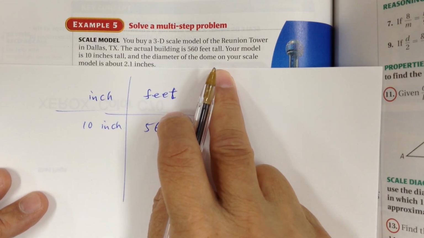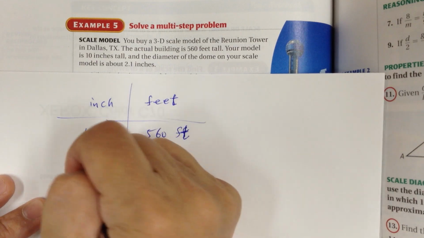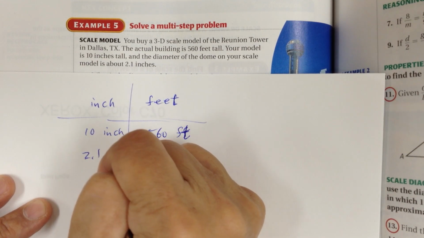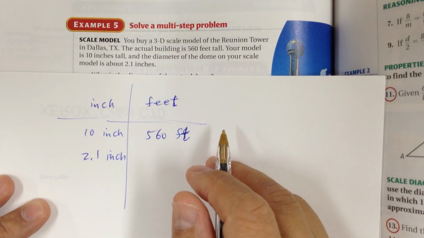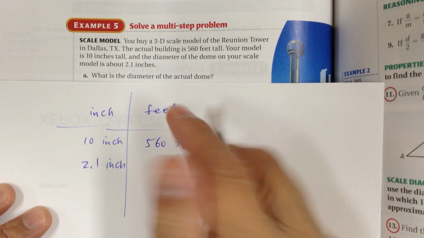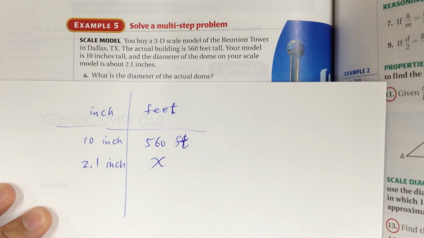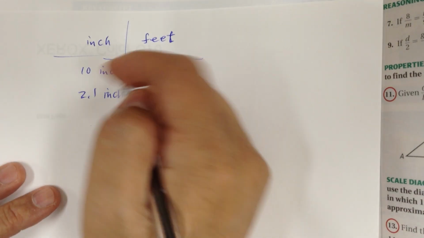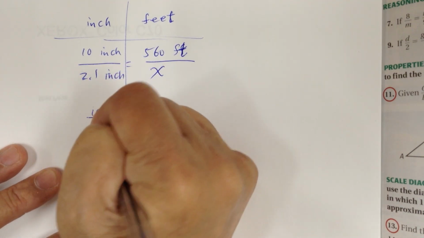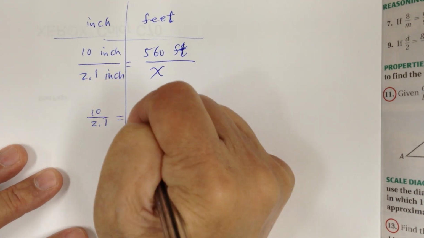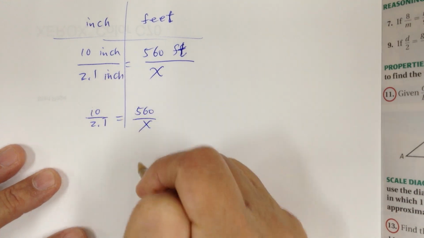Now the diameter of the dome on your scale model is 2.1 inches. You can just write down your labels. So what is the diameter of the actual dome? Now you're going to just make it into an equation. So you got 10 over 2.1 equal to 560 over x.